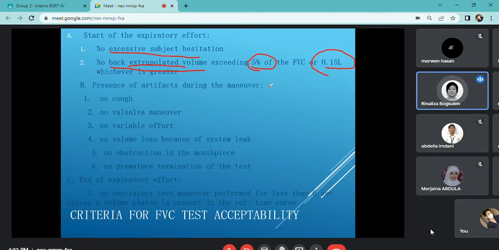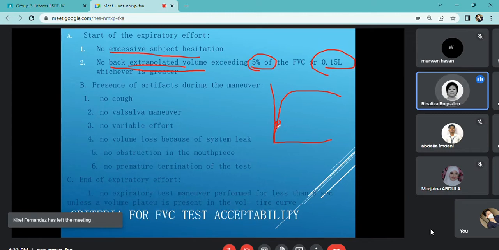Ibig sabihin nun, ano ba yung back extrapolated volume? Ilabas natin si volume time graph. Yan. So when you say back extrapolated volume, this is your steep curve. Ito yung mini-measure natin. Back extrapolated volume, that is the exhaled gas during your exhalation, before you have your forceful exhalation, I should say.